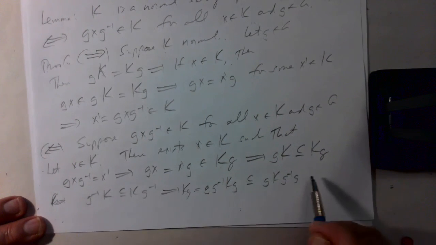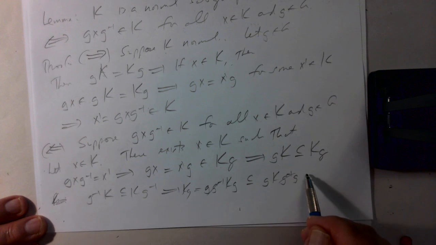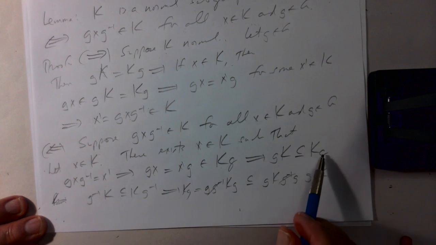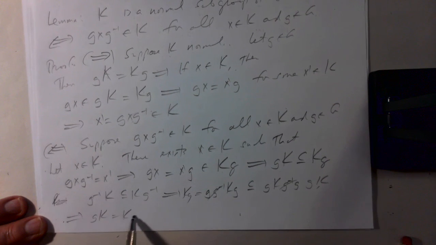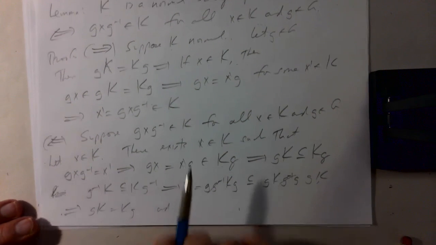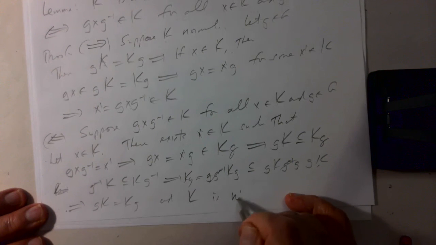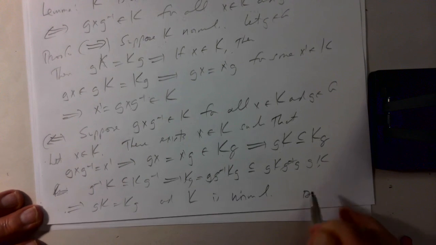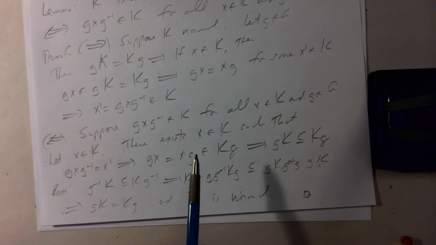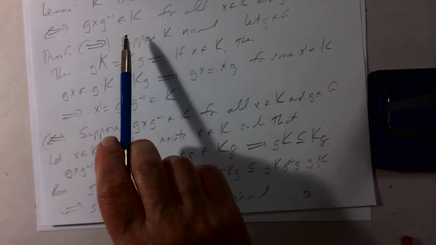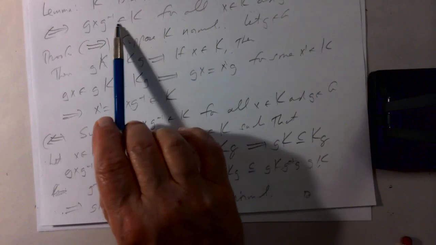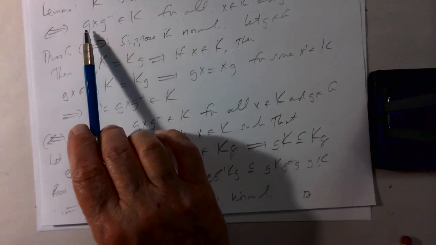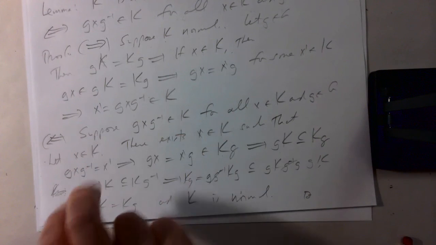This is Kg, because this cancels, and this is gK. So I also have Kg is contained in gK, so therefore gK equals Kg, and K is normal. So K is a normal subgroup of G if when you take any element x and do what is called conjugation, conjugate by g, gxg inverse, that stays in K.